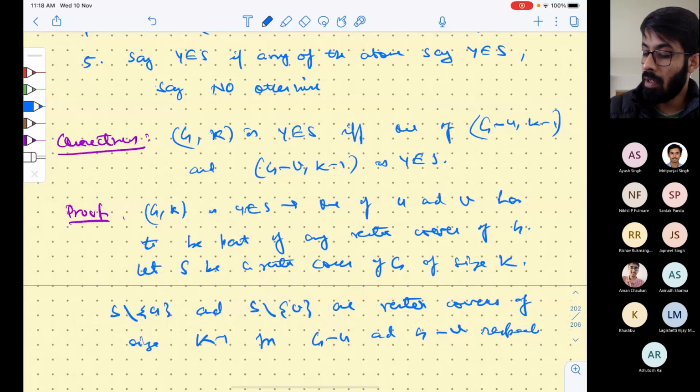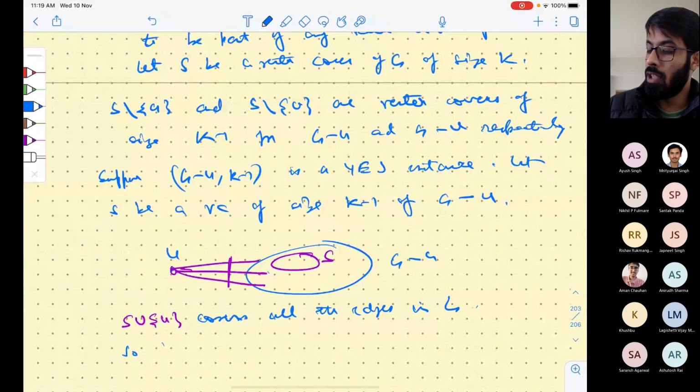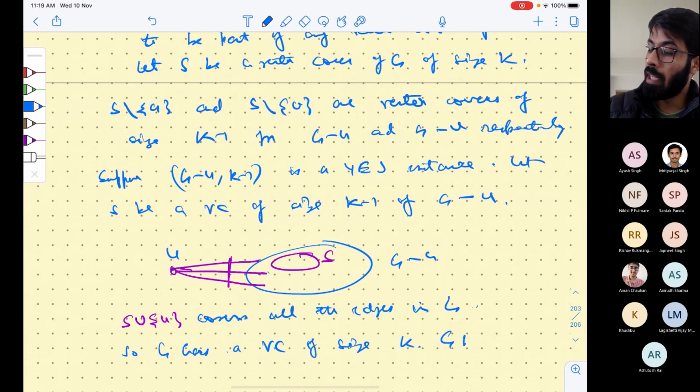So S union u covers all the edges in G. So G has a vertex cover of size k. So G comma k is a yes instance.